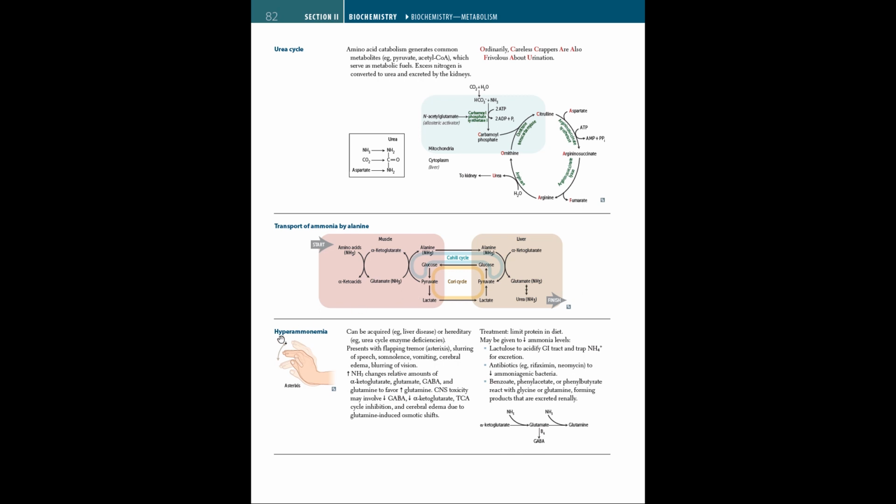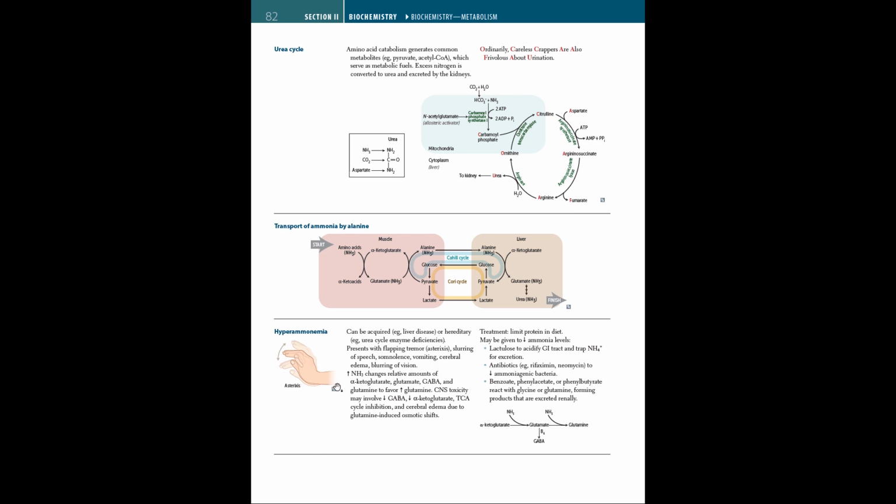All right, next we have hyperammonemia, which is acquired, for example, liver disease, or hereditary, for example, urea cycle enzyme deficiencies, and presents with flapping tremor or asterixis, slurring of speech, somnolence, vomiting, cerebral edema, and blurring of vision.